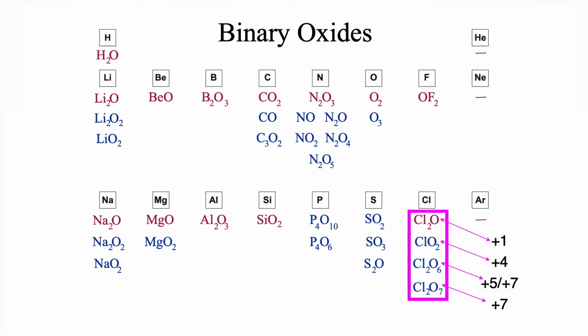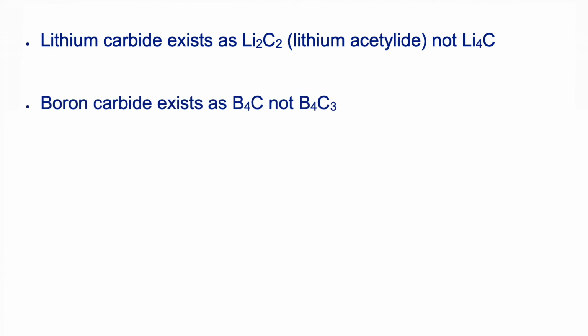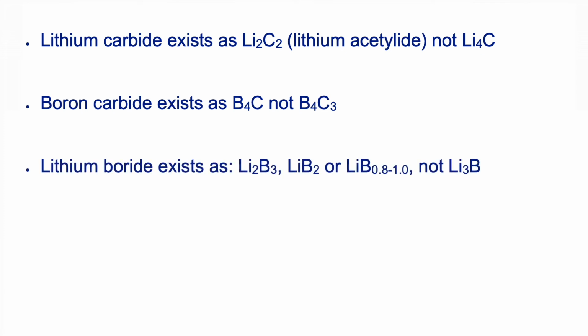When we look at the main group elements, we find that lithium carbide exists as Li2C2, which is lithium acetylide, not the stoichiometric Li4C. Boron carbide exists as B4C, not the expected B4C3.